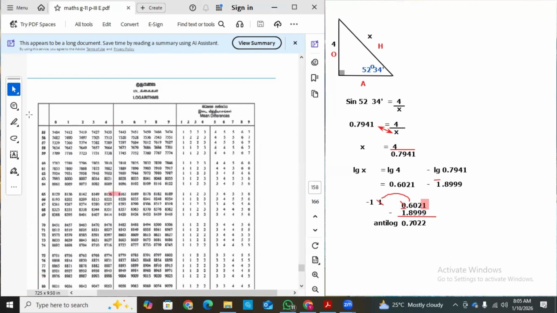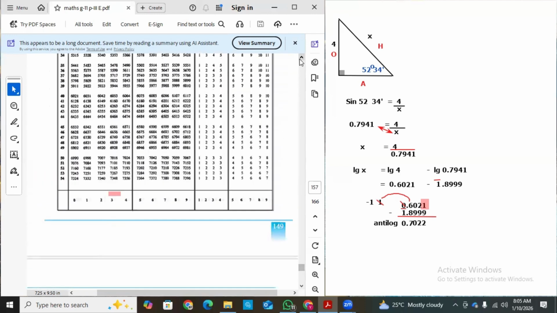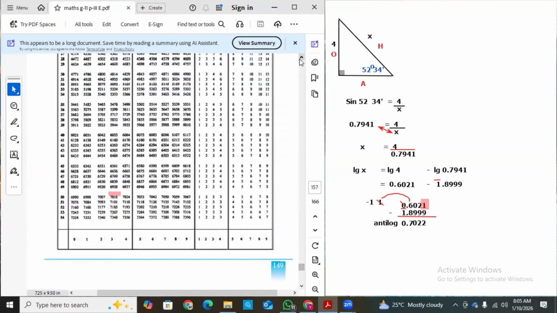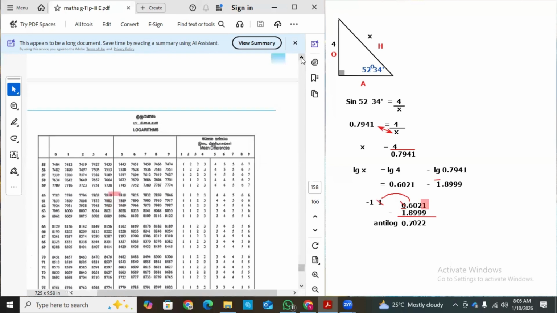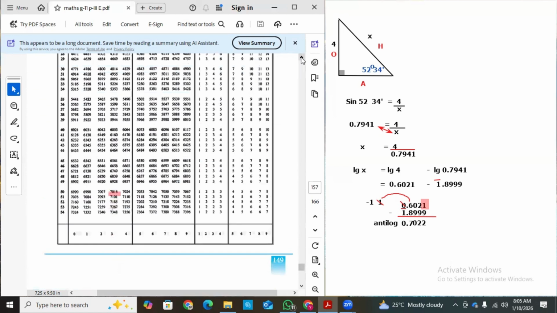How to find the antilog now? 7022. Where is that? 7022. Should move up. 7022 is not available, but you all can see that 7016 is available. 7016 is available.